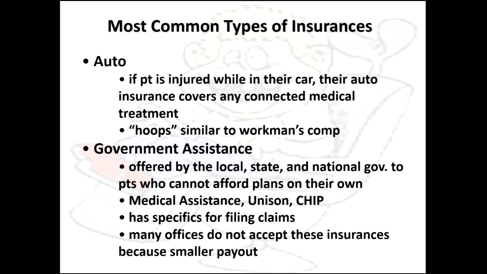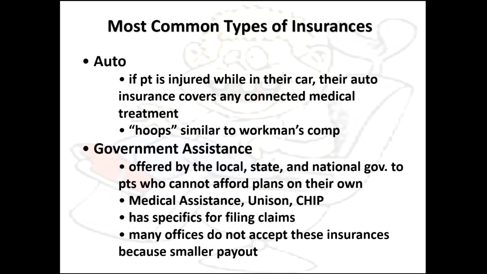So, for example, at the office I worked at, a typical office visit cost $80. For a patient who had medical assistance, of that $80, the insurance only reimbursed the physician $4. The other $76 went back into the pool to pay for people's insurances. So a lot of physicians end up losing money when they see a lot of patients with government assistance insurance.